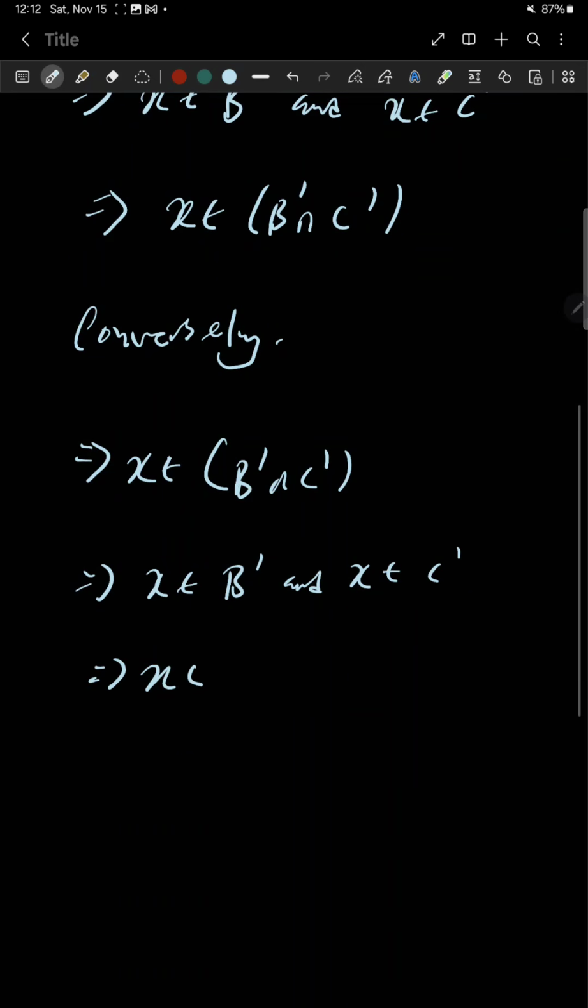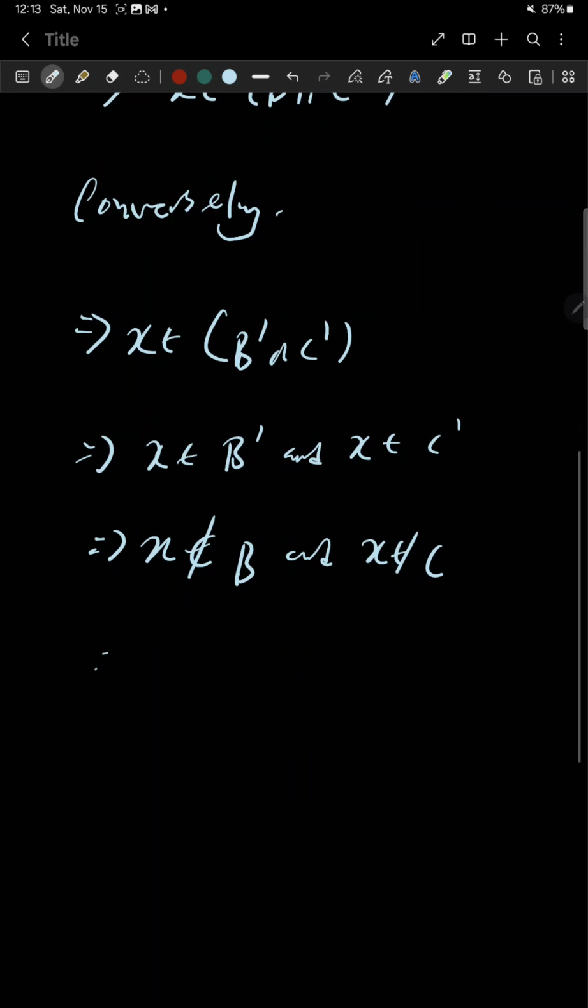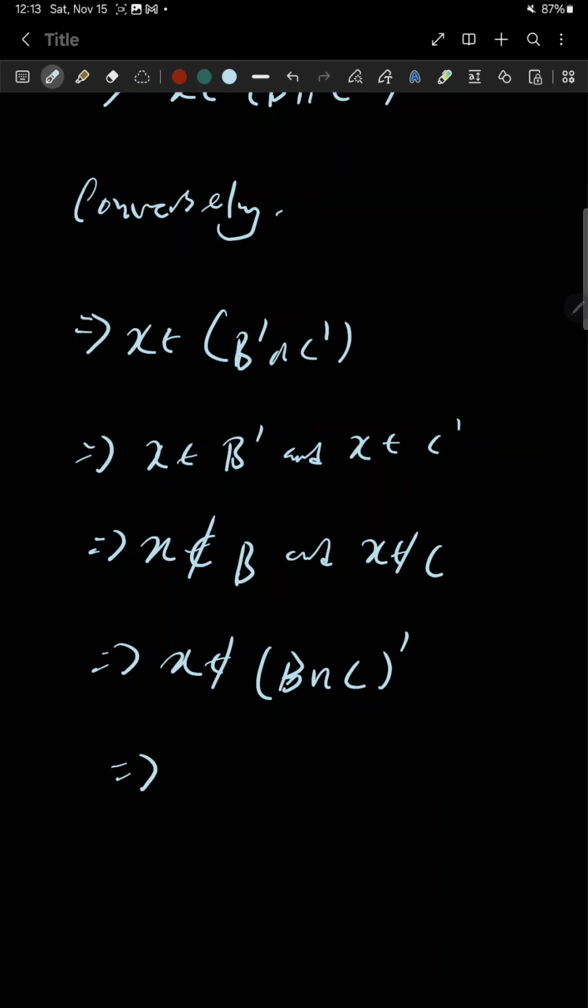Then this will be X is not a member of B and X is not a member of C. Then X is not a member of B intersection C. Then X is a member of B intersection C complement.